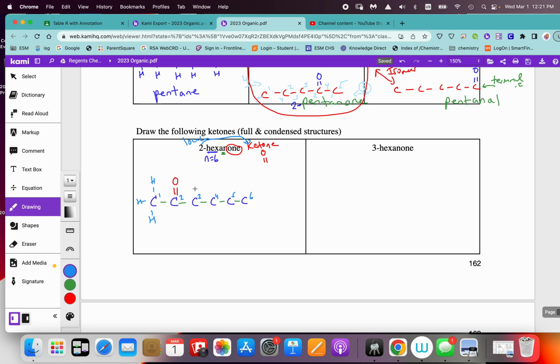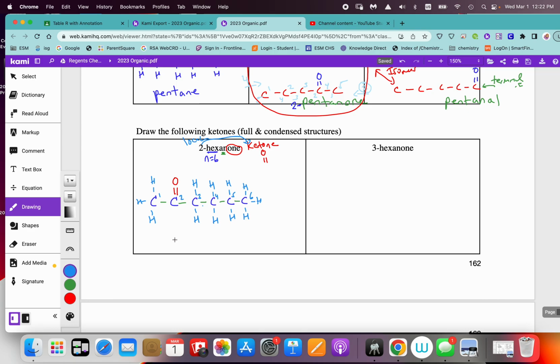Carbon 3 has 2 bonds, so we have to place 2 hydrogens on it. Carbon 4 already has 2 bonds, so 2 hydrogens are added. Carbon 5 also already has 2 bonds, so we only add 2 hydrogens to it. And carbon 6 only has 1 bond, so we add 3 hydrogens to it.